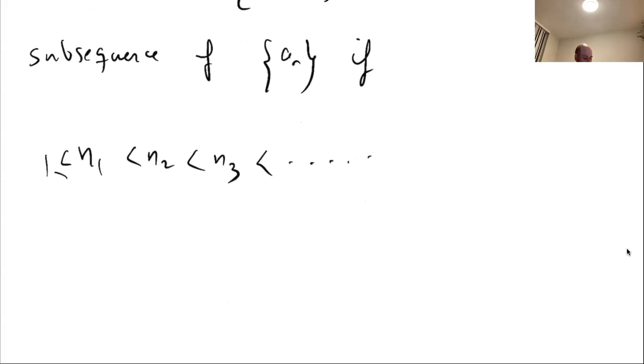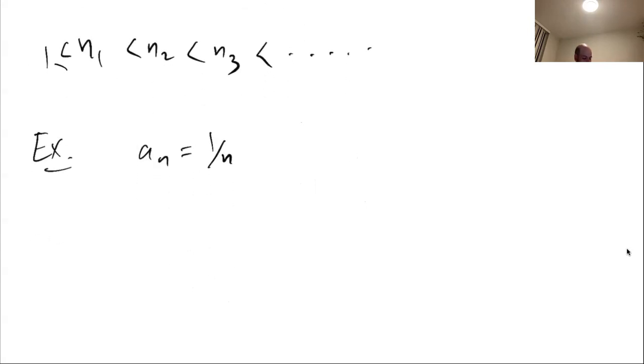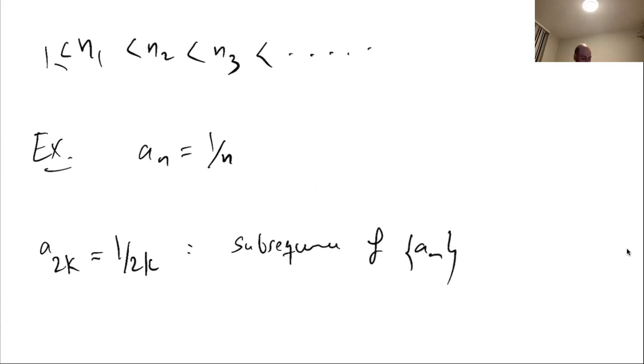So let's look at an example. Let's say the original sequence is 1 over n. Now, if I choose, for example, a_2k equals 1 over 2k, it is a subsequence of An. Look at An, what are the elements? The first element is 1, then 1 over 2, 1 over 3, 1 over 4, 1 over 5, 1 over 6, and so on.